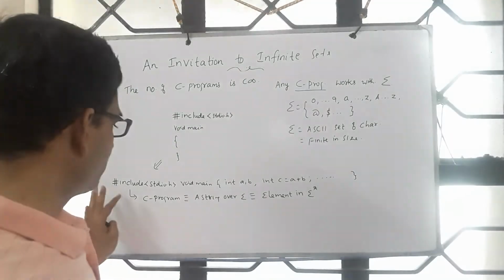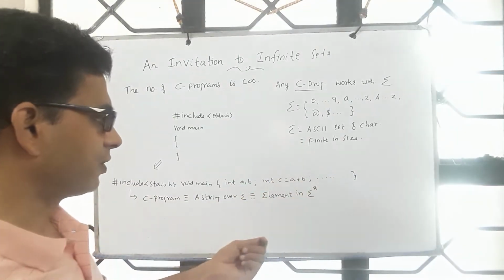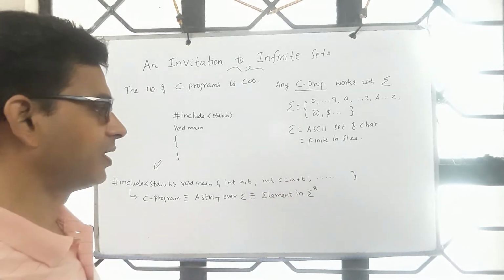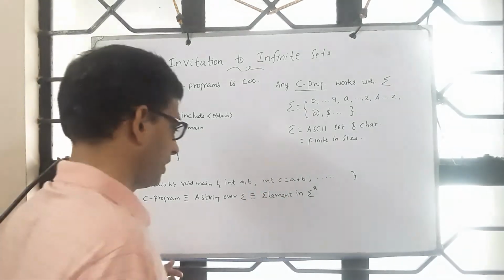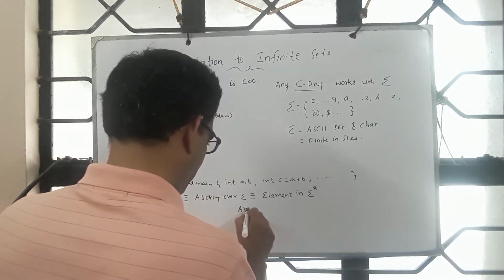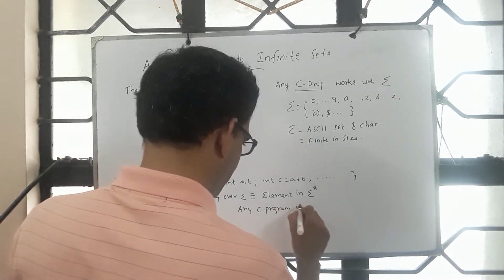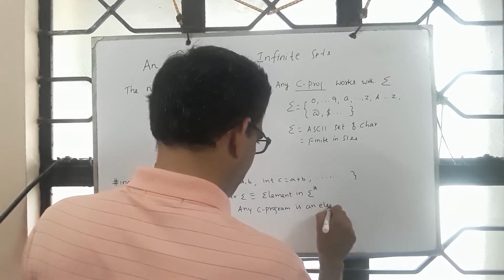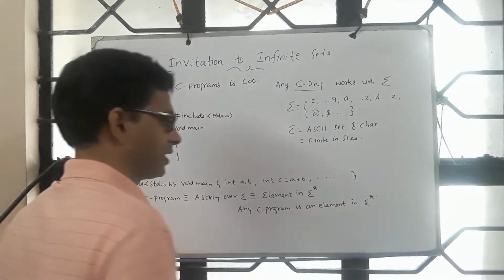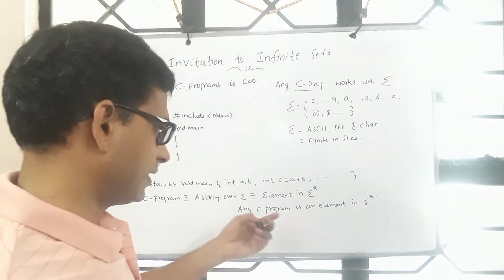So that shows that this corresponds to a string, and it's an element in sigma star, correct? This implies that any C program is a string. In particular, it is an element in sigma star, correct? And it's the other way also.